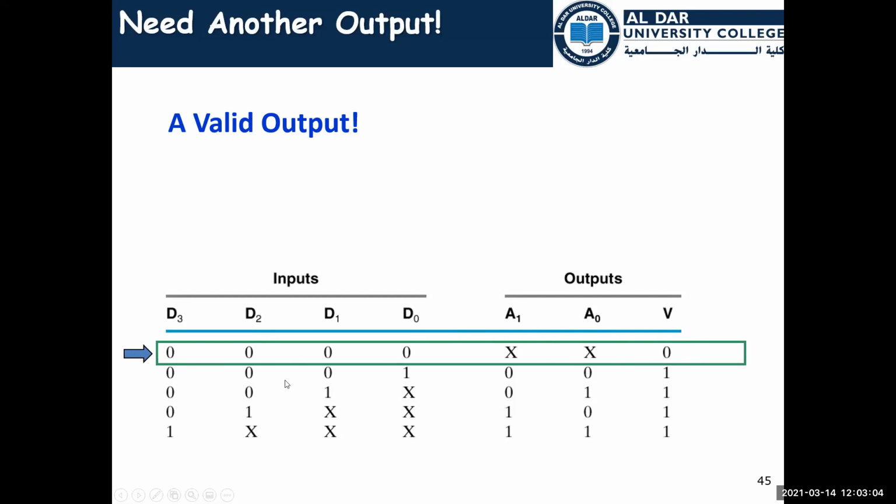And any other combination is okay because the output will be valid. The valid variable will be 1. This means it is valid.